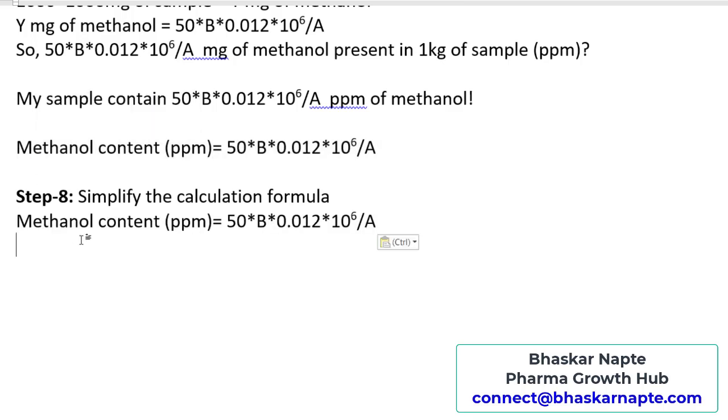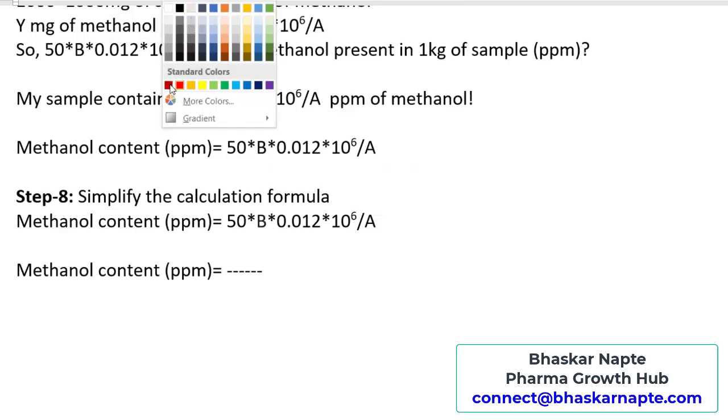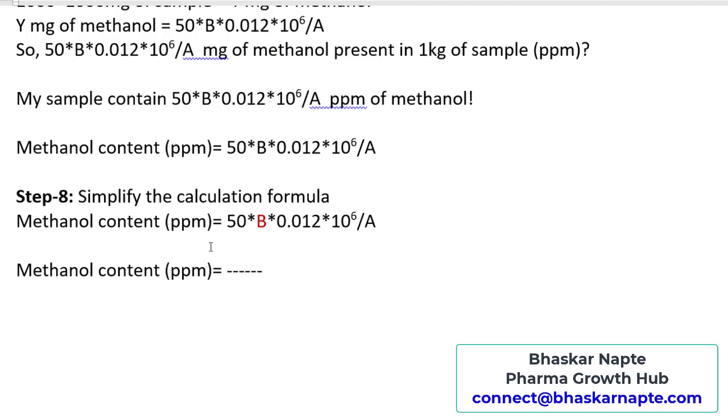The content of methanol in ppm is equal to 50 into B into 0.012 into 10 raised to 6 divided by A. Now I'm going to make the calculation formula which you might have seen in your standard test procedure. I will first take this B, and I'm going to mark it in red color, so that I know which factor I have considered.